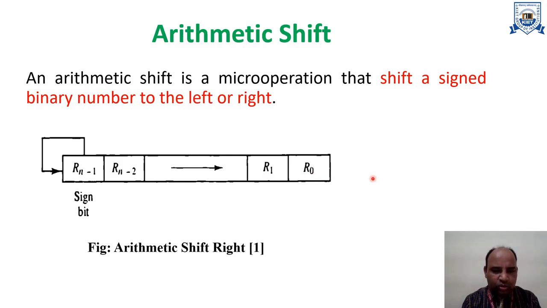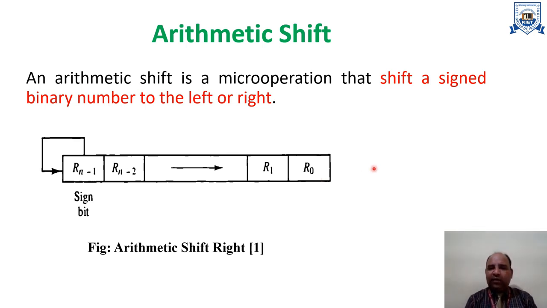As I am telling you, during the arithmetic right shift the sign bit will also be shifted, but the content of the sign bit will not be changed. And finally, the rightmost bit, also called the least significant bit, will be lost during the process.